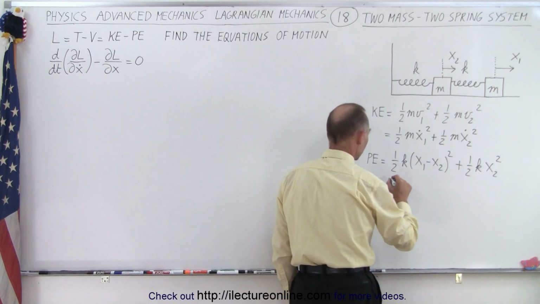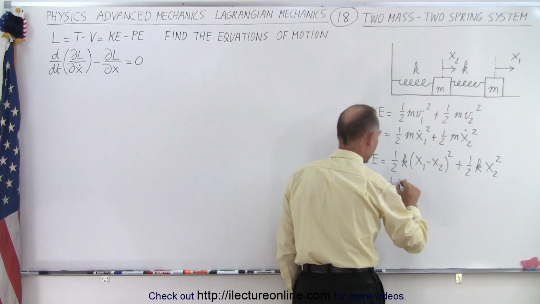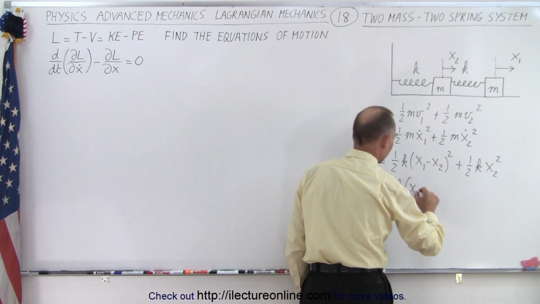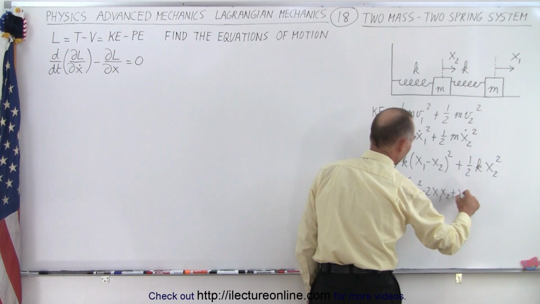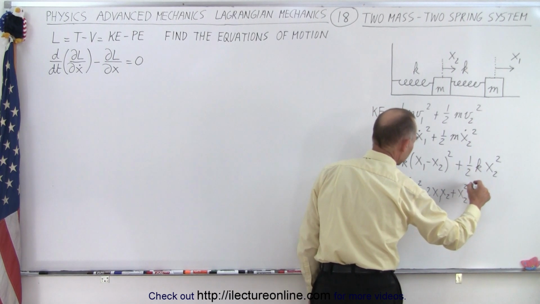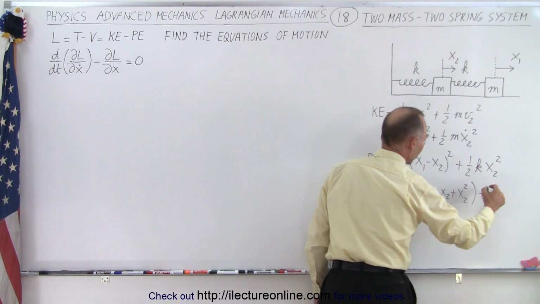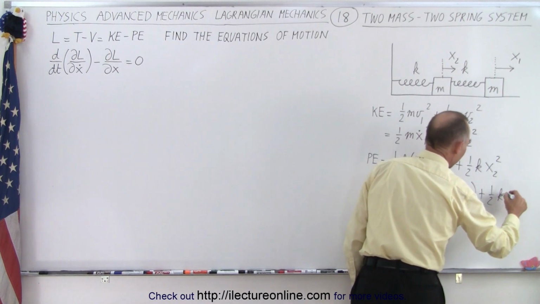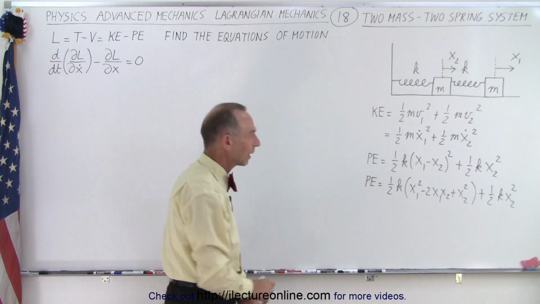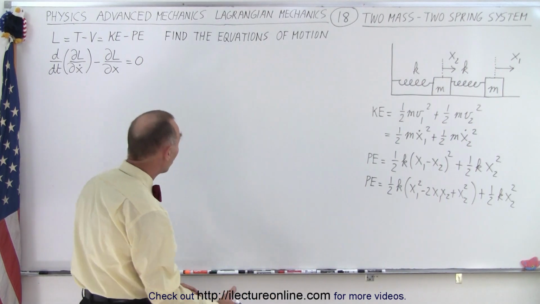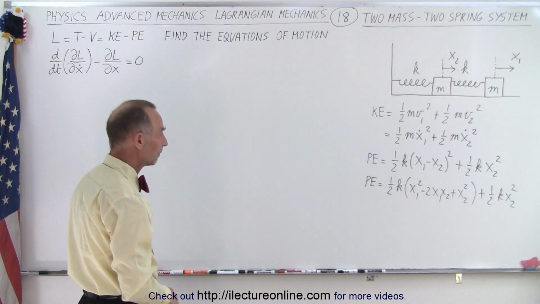Potential energy is equal to 1/2 k times x1 squared minus 2 x1 x2 plus x2 squared, like this, and then plus 1/2 k x sub 2 squared. So we could write it like that or keep it like that, whatever makes most sense when we start applying the Lagrangian to it.